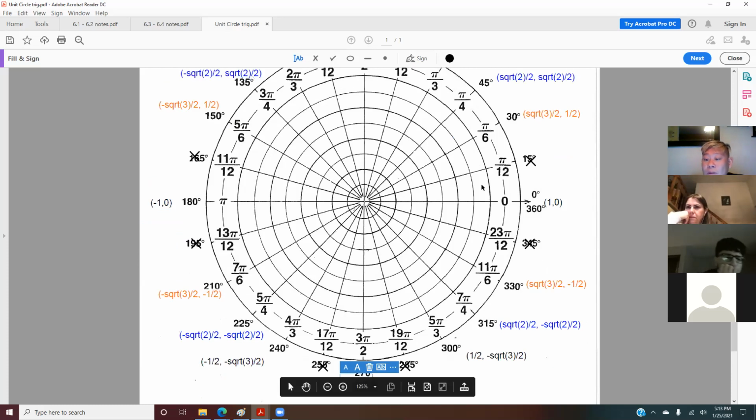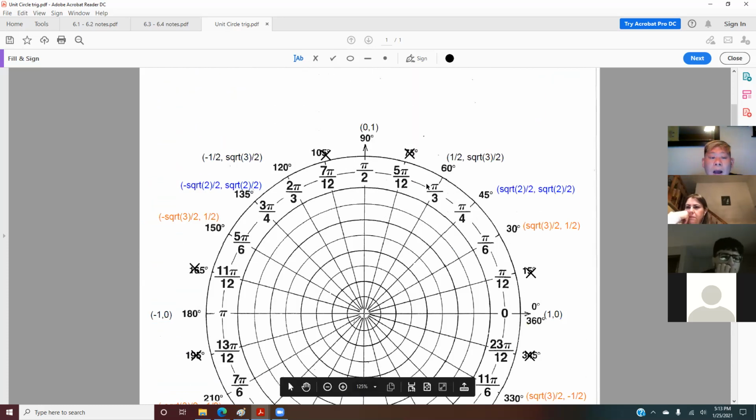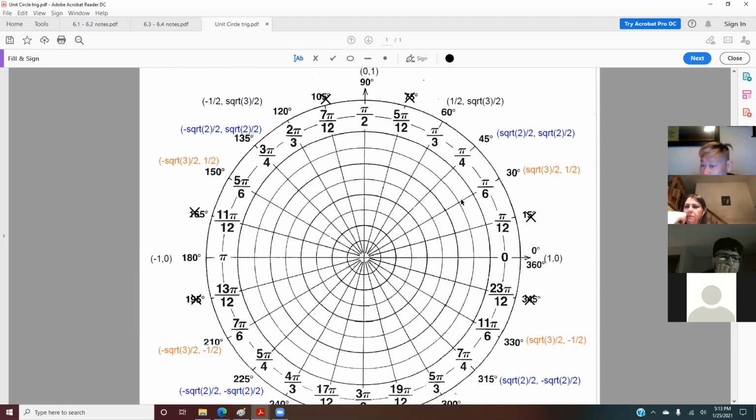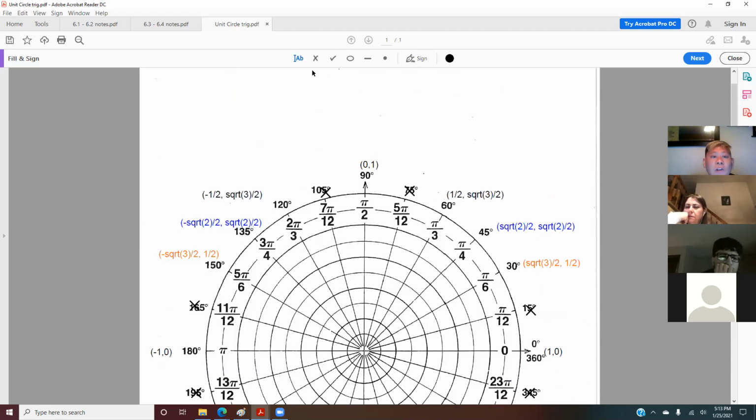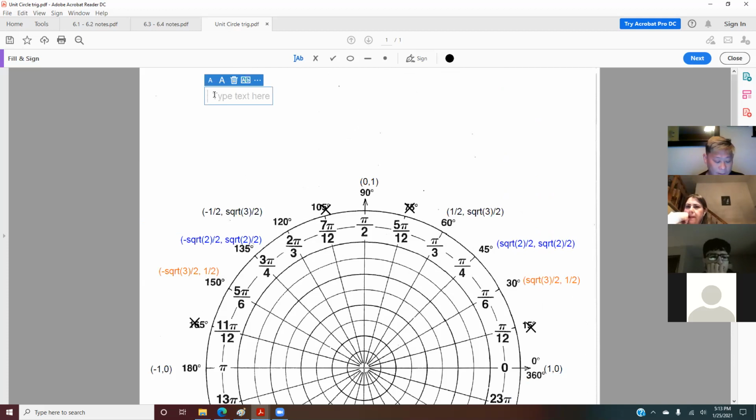Now, once you know all these coordinates, then you can apply your trig functions. Because sine theta is y. Cosine theta is x.